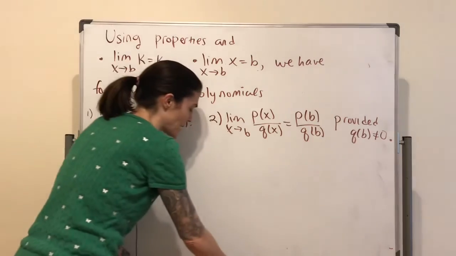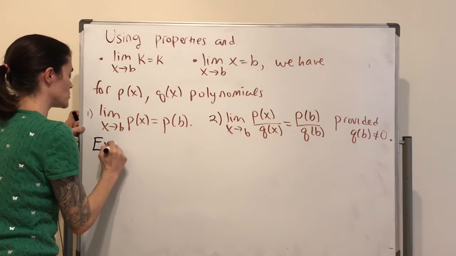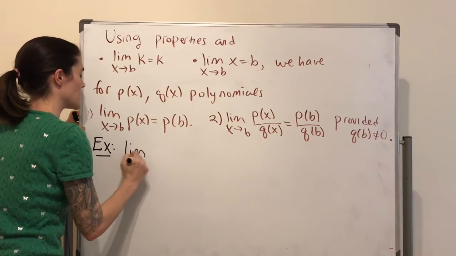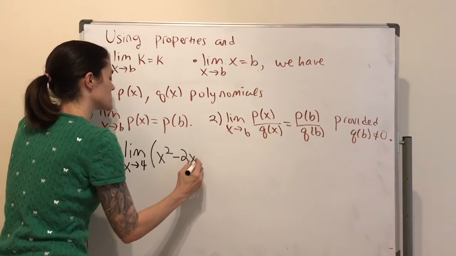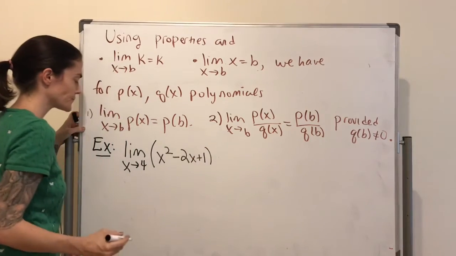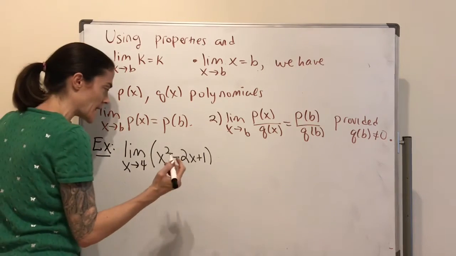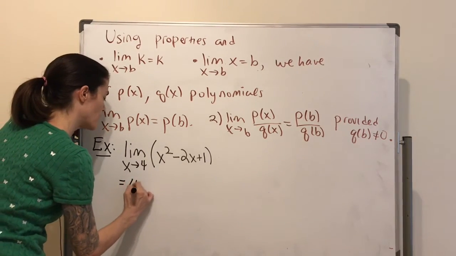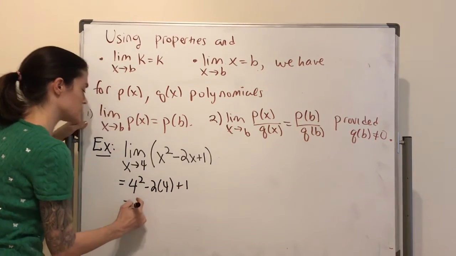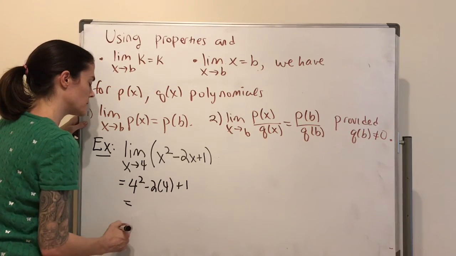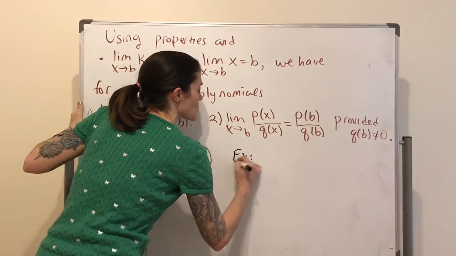But quickly, before I do any where you get q of b equals 0, let's look at maybe 2 examples here. If you take a limit as x goes to 4 of, say, x squared minus 2x plus 1, this is a polynomial, it's quadratic, okay? So we can just evaluate. This would be 4 squared minus 2 times 4 plus 1. This is 16 minus 8 plus 1. This is 9. And similarly, let's do a rational function.